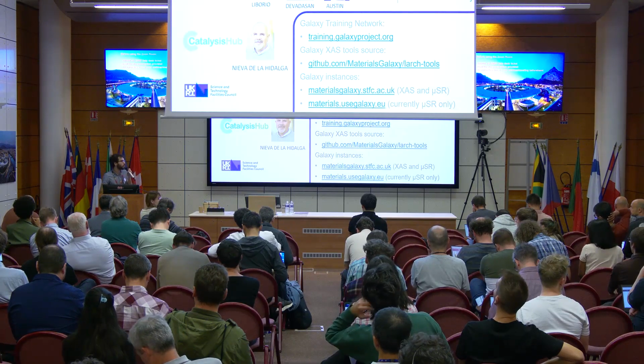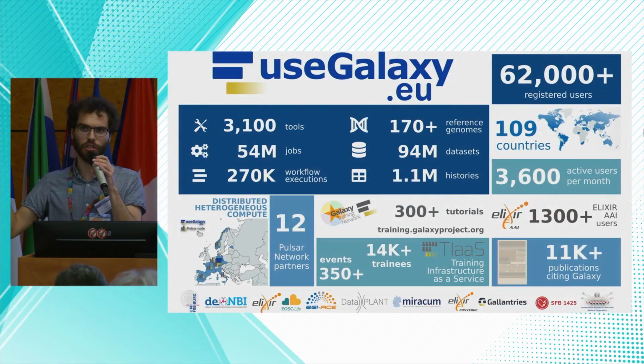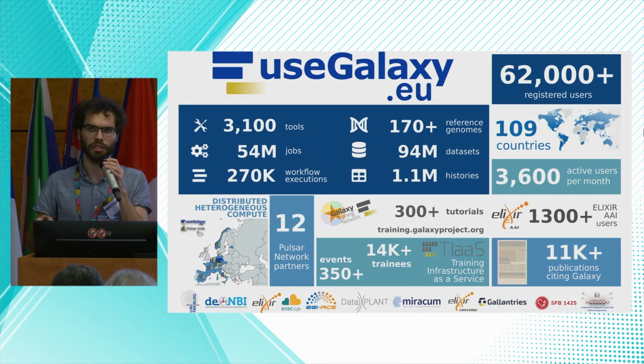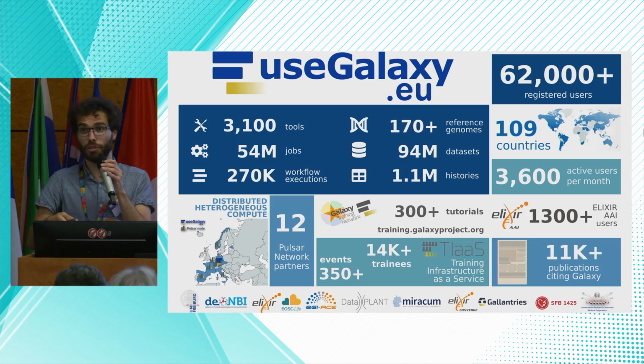And you said that you choose to run your own Galaxy instance, but this is not mandatory? Yeah, no. If you are interested, we can put you in touch with the people who manage the main instance, like usegalaxy.eu. We were collaborating with them, and they have set up materials.usegalaxy.eu that currently has our muon spectroscopy tools that I've not talked about, but we'll have our X-ray tools on as well.